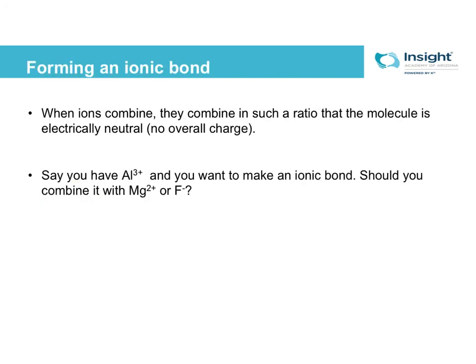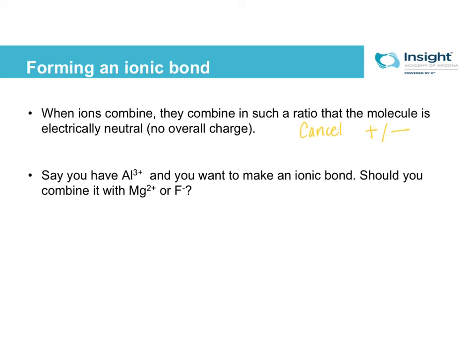So last thing, just because I know you're going to see a question related to this, we're going to do a lot more practice with this in a future lesson. But the general way an ionic bond forms is that ions combine so that they are electrically neutral. All right, so there's no overall charge. We have to cancel the positive and the negative. So you always have to combine a positive ion and a negative ion when you form an ionic bond.